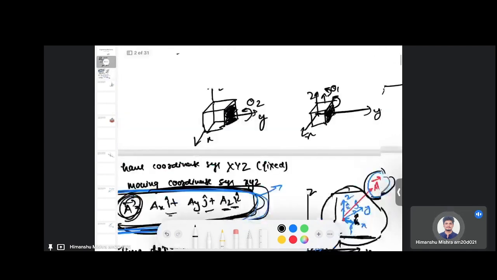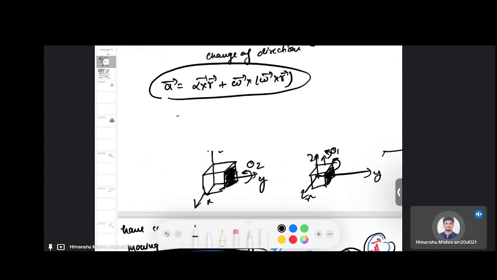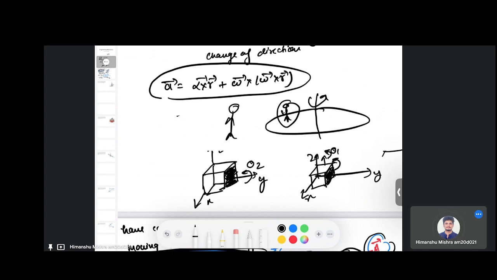Let's say this can be explained with an example. Let's say there is a disk, and you are standing here, and your friend is sitting on a disk which is rotating, right? So your friend is just standing on a disk which is rotating. And you are standing in a fixed frame, and you can see your friend and the disk both are moving, both are changing direction.